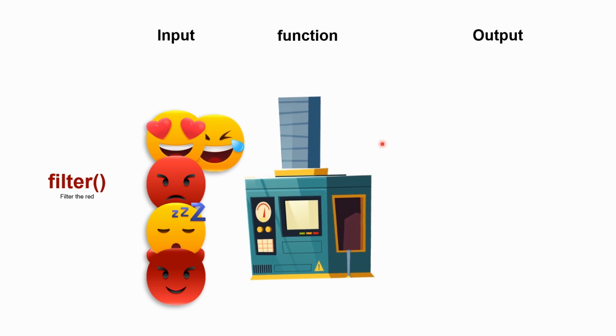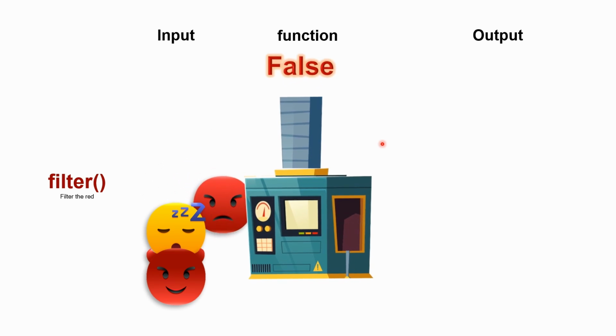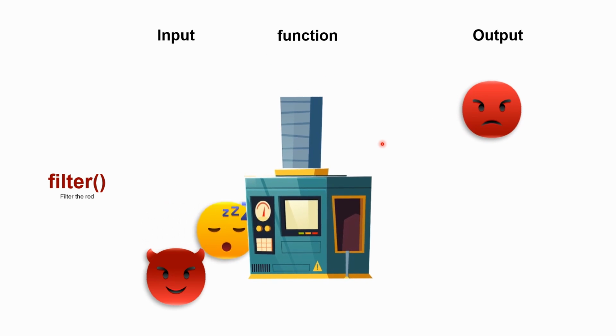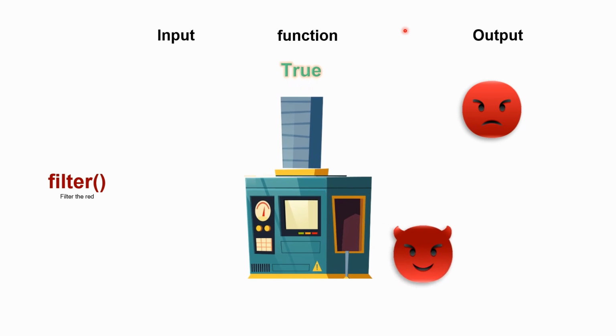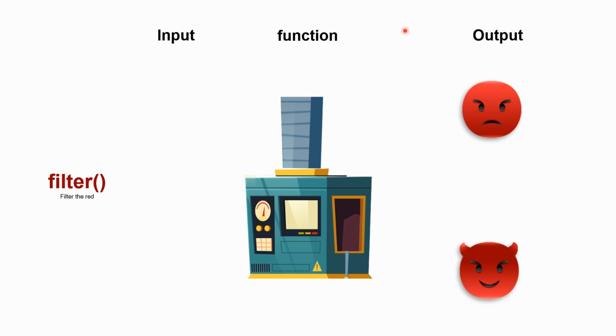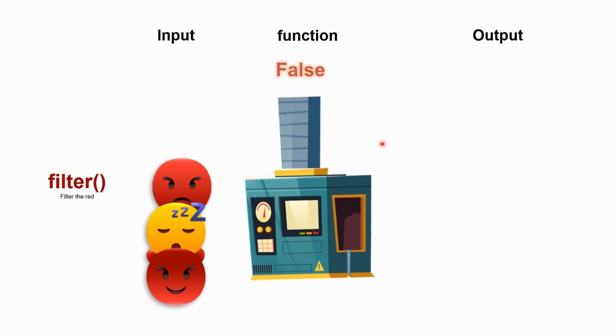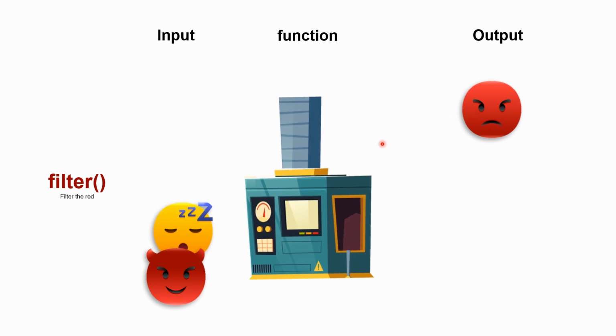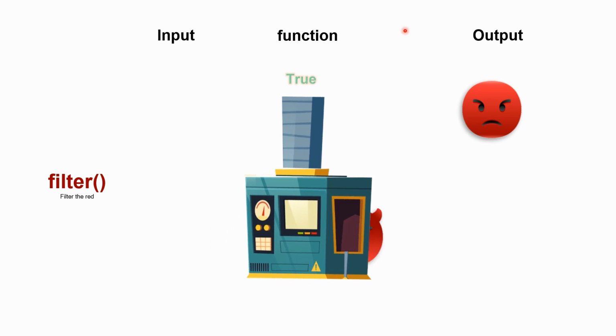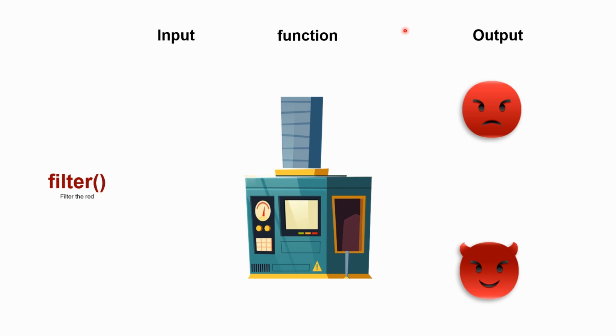For each loop in the filter function, it will return a true or false boolean, and if it returns false, we wouldn't get the element back. And if it is true, we will get the current element in return. At last, we will get a new output array which consists of the same elements as the input array, but not every element, only some elements which are filtered out.